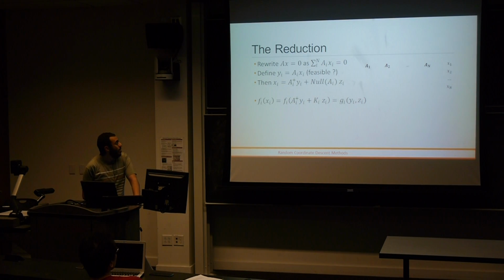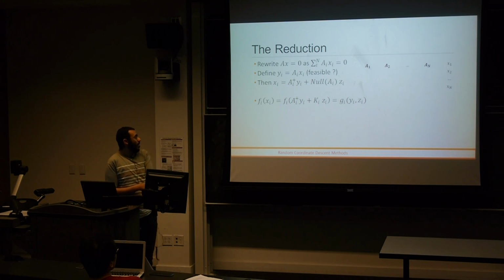If this is the case, then we can write xi in terms of yi. So xi will be equal to ai pseudo inverse yi plus some component in the null space of ai.